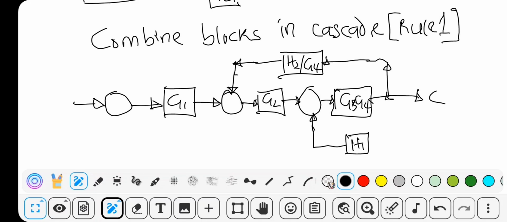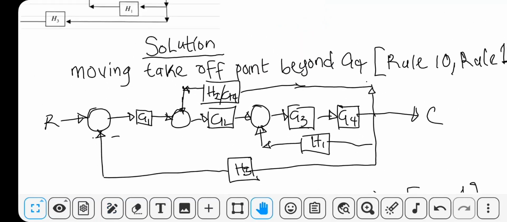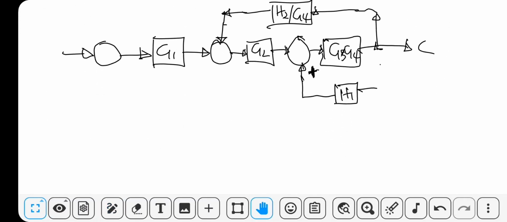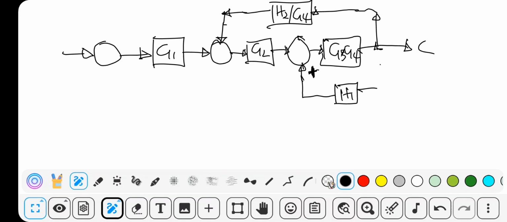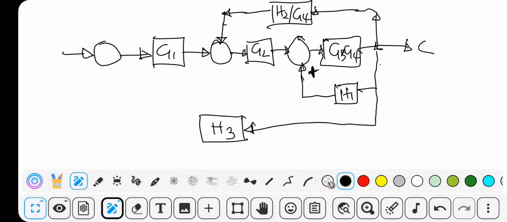So when there is no sign attached to the summing point, you assume the sign to be positive, because I checked from this question, there's no sign. We are going to use that sign, that's why I assumed it to be positive for the next reduction.